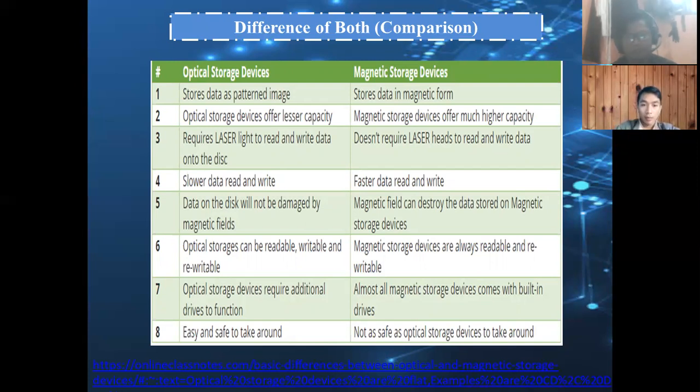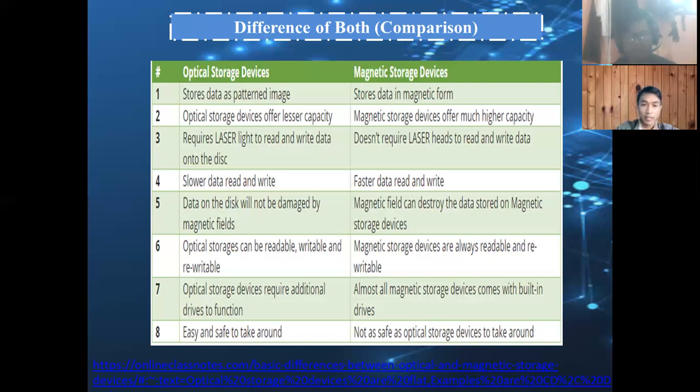Then the third difference: optical requires laser light to read and write data on the disk, and magnetic doesn't require a laser.